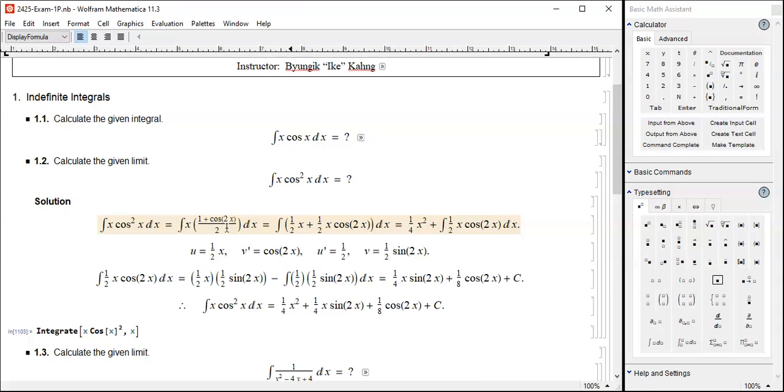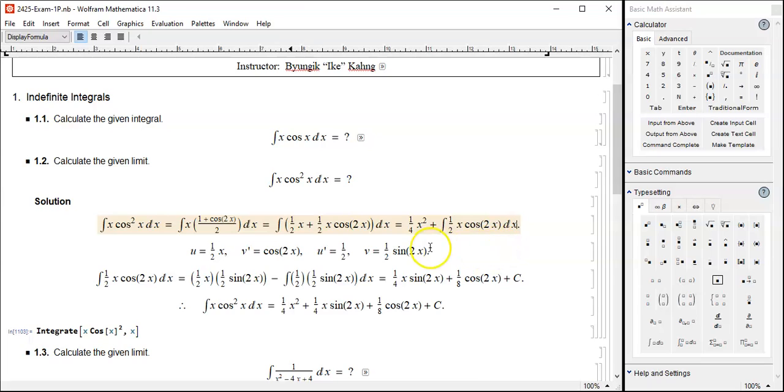And this way we have just a single power. Let's just break this up, and then we have 1/2 of x, and then 1/2 x times cosine of 2x. This part, easy computation. The other part, now that's the integration by parts.